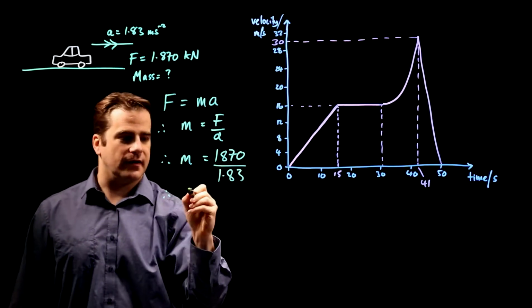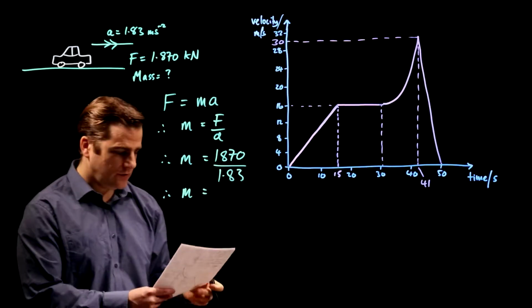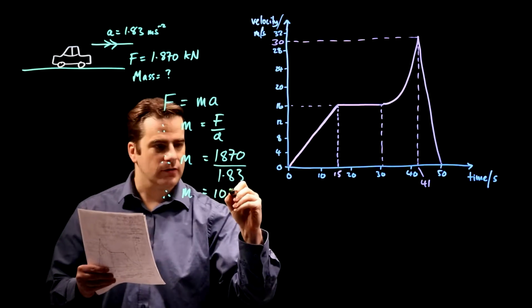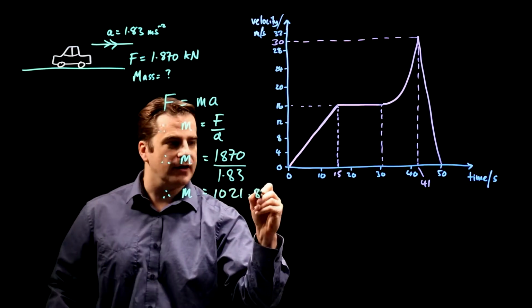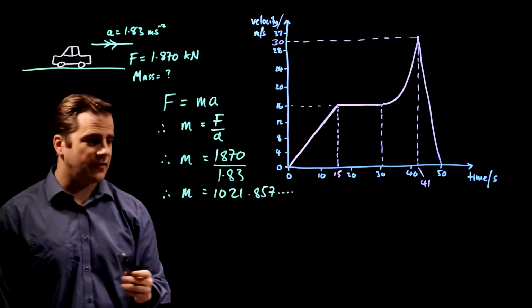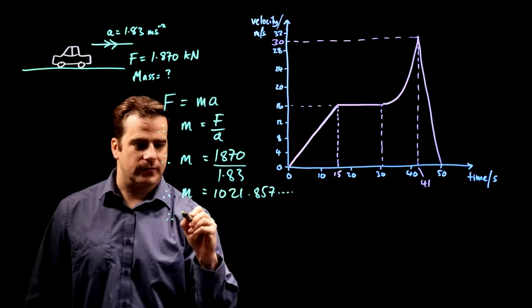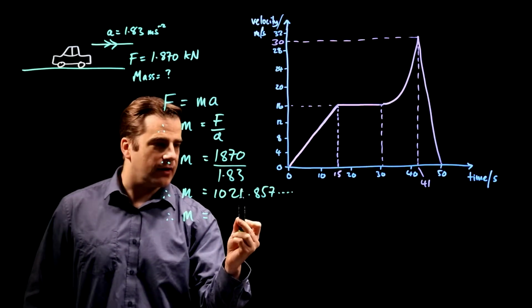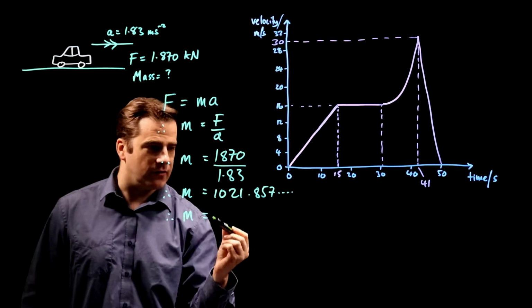Okay, stick that in the calculator and you get 1021.857 something something something, and it wants this to 3 sig figs. So therefore m is 1, 2, 3. Okay, so that 1 is going to leave that 2 alone.